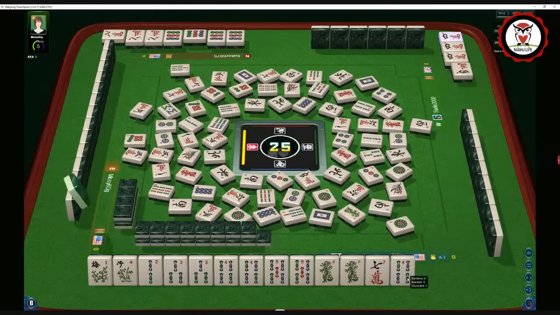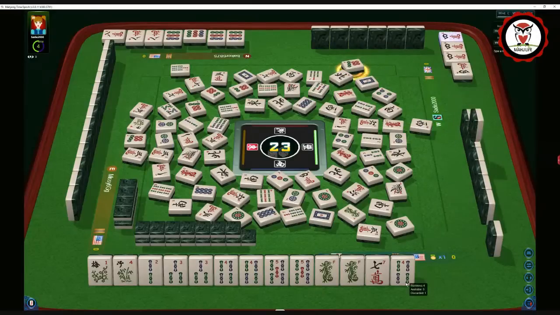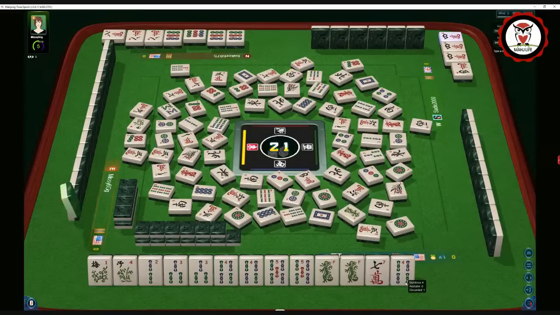7 bamboos. Okay, we have 6 picks and 2 discards. Flower. We're going to pass. 5 crack. 2 are out. 5 characters. 7 dots. Five characters.